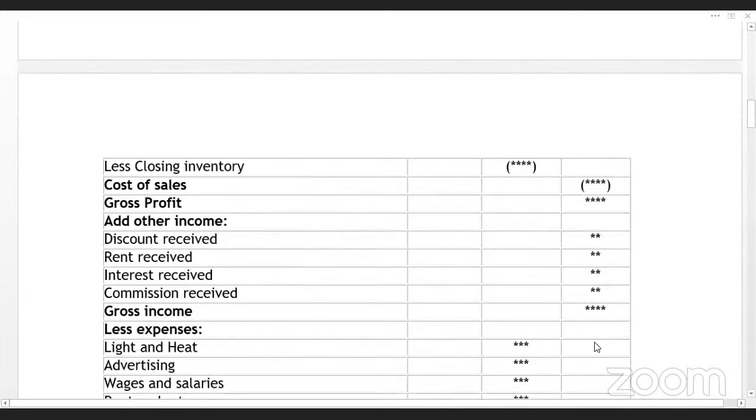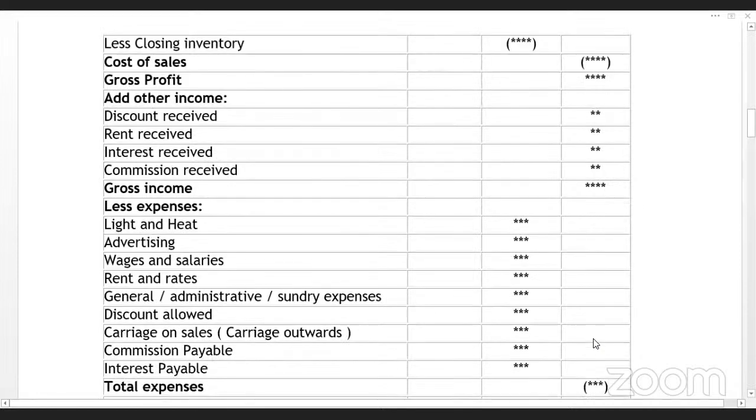On that gross profit, normally there may be some other incomes other than the incomes from the sale of goods. The business can receive a discount from its suppliers. The business can receive commission. The business can receive interest.